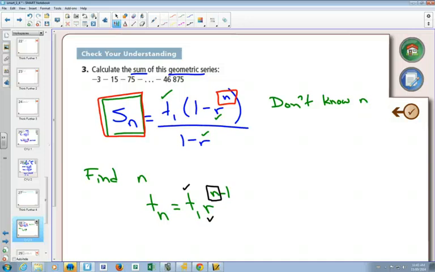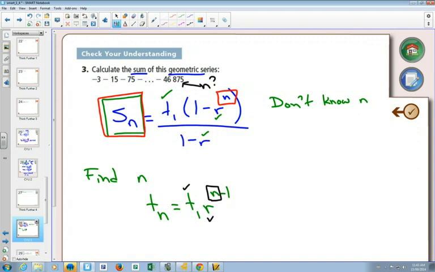Even though I don't know n, I do know what Tn is. Because if I want to find out what number this term is, what's the n for 46,875? Well, then I know the term, even though I don't know the n value.